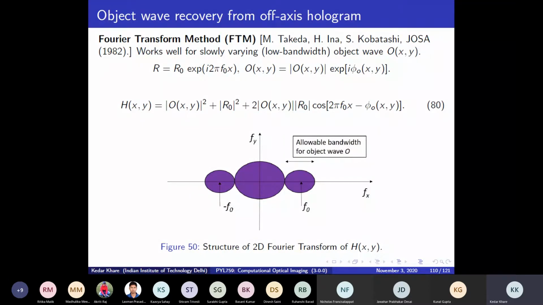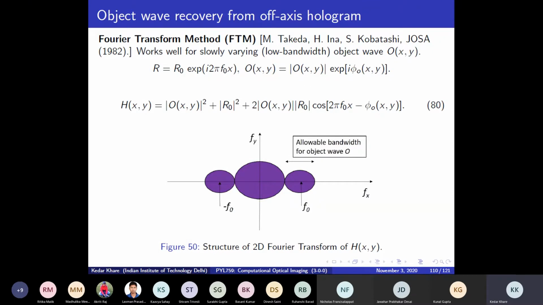bandwidth of 2b by 2b, then what I don't want is for the object wave lobe that is here to overlap. Last time somebody already answered that the information of interest is sitting in this lobe or this lobe, but not in the central lobe, because we are interested in getting this complex object wave.